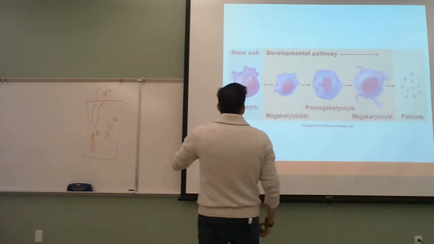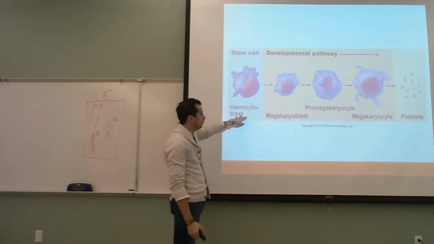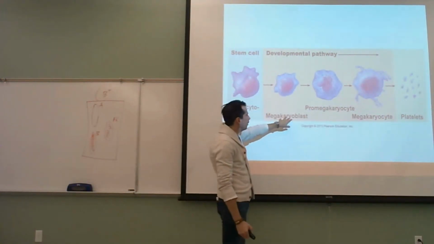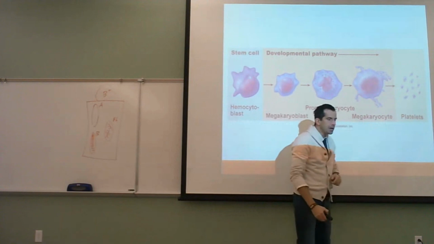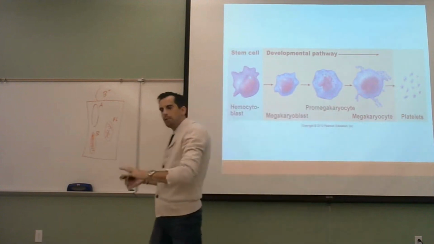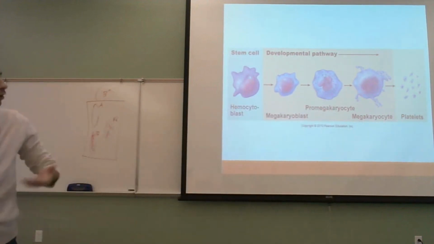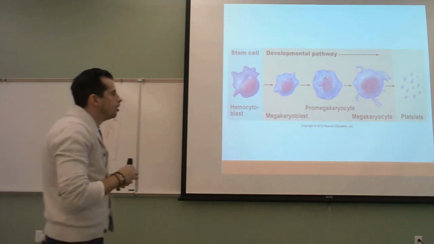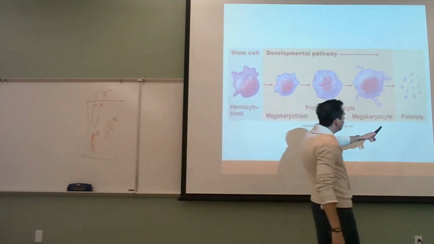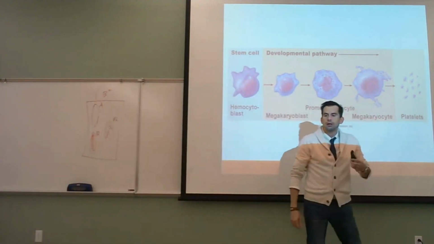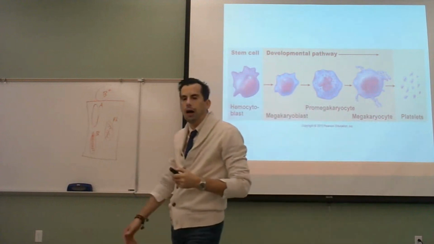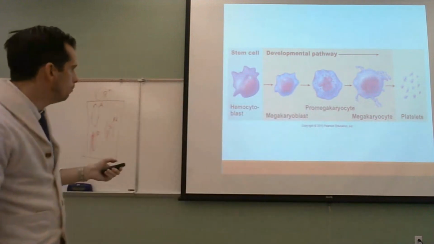So we see our hemocytoblast that we'll talk about in the next section, develop into our megakaryoblast, and ultimately a mature megakaryocyte staying in the bone marrow the whole time, chipping off these much smaller fragmented platelets that then go into circulation for roles in blood clotting and platelet plug formation.